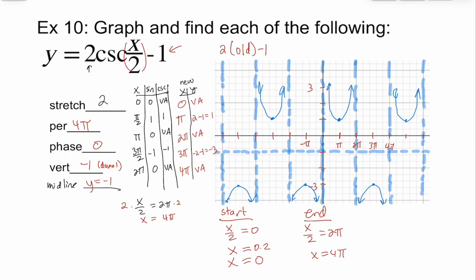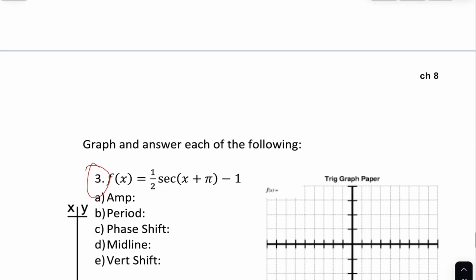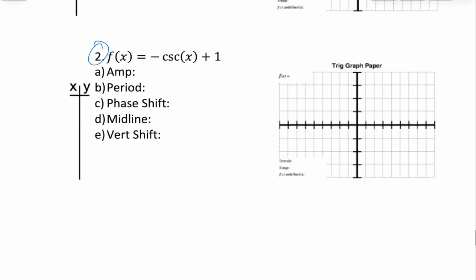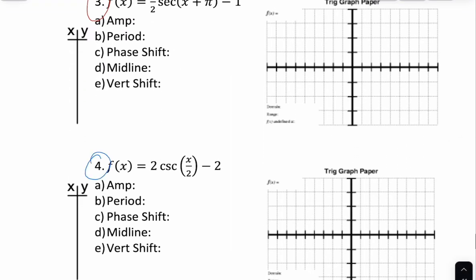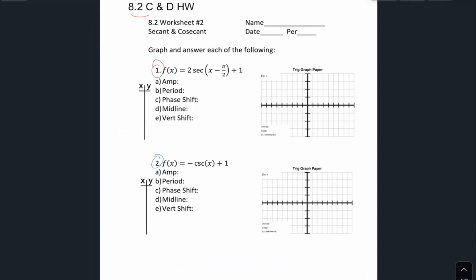So that is how we graph a cosecant. So again, 1 and 3 are secants. That's what you turn in for the 8-2C homework. 2 and 4 are cosecants. That's what you're going to turn in for the 8-2D homework. So for the remainder of class, if you want to start working on those, that would be great.